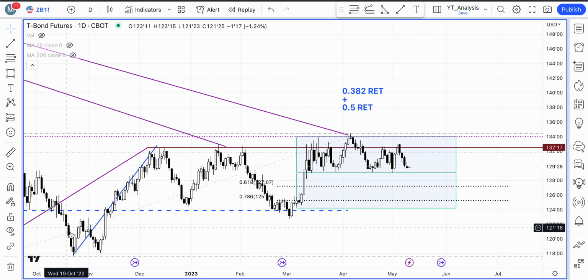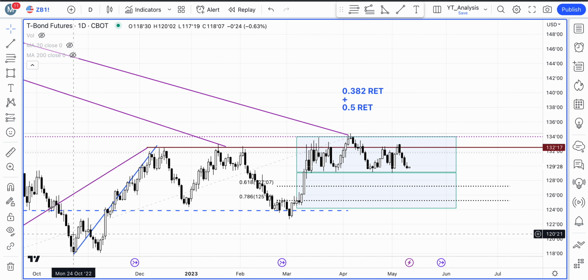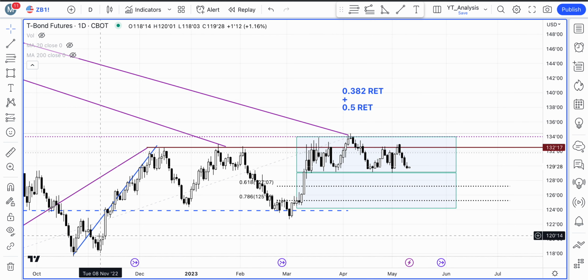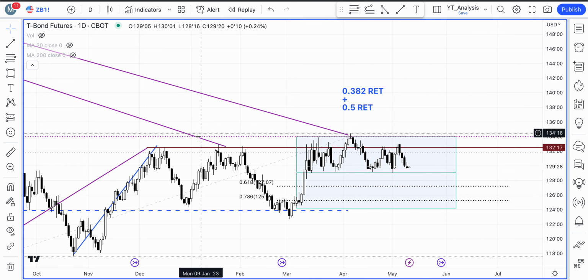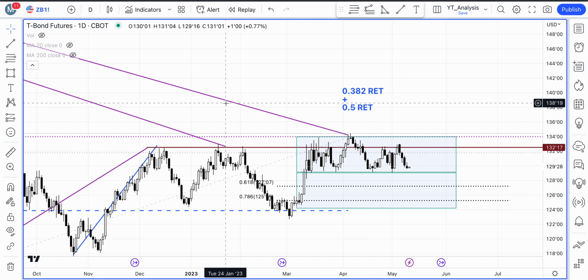Over the last 6 months or so, in fact more than 6 months, starting October of last year, the rally means that the market was anticipating that the Federal Reserve is going to pause with their interest rates, or they will turn a little bit more dovish, which they seem to have.